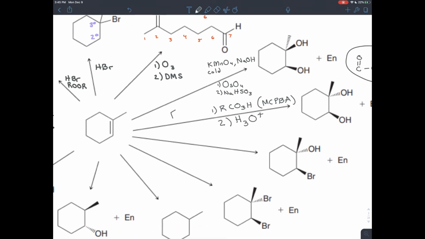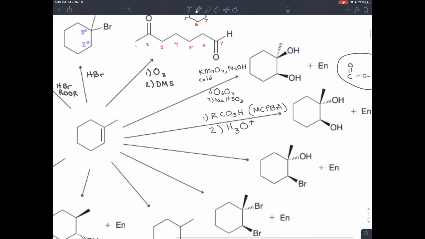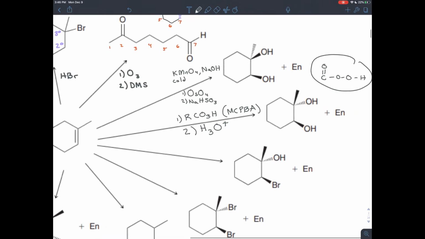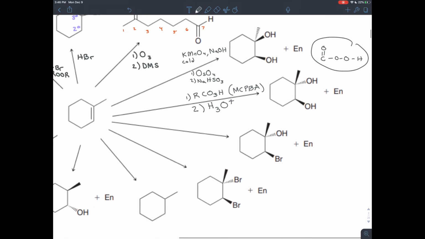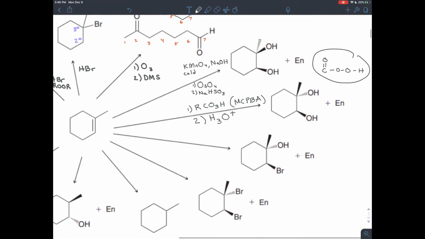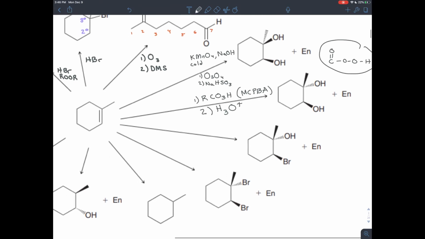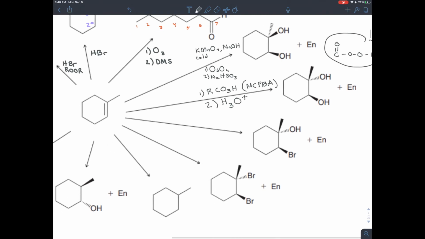So after the first step, your alkene would look like this, that three-membered ring with an oxygen there. And I think there's an exercise later on in this packet that uses this MCPBA just to create the epoxide, and then this H3O plus opens that epoxide ring and gives you your two hydroxides anti to each other. So that's anti-addition, or anti-dihydroxylation, anti-addition of two OHs.